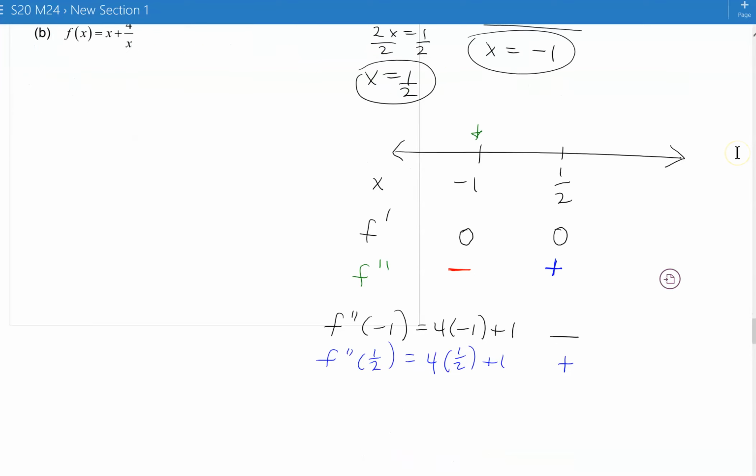So let's see what we can determine. When x is negative 1, the derivative is 0, the second derivative is negative, so I'm concave down, right? If the second derivative is negative, I'm concave down and I'm at a point where the derivative is 0, so f has a local max here.